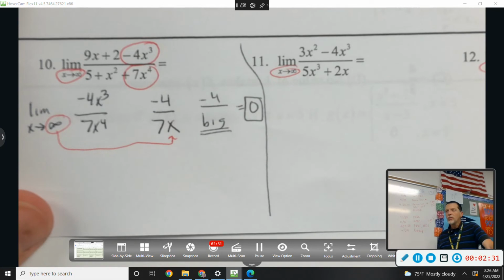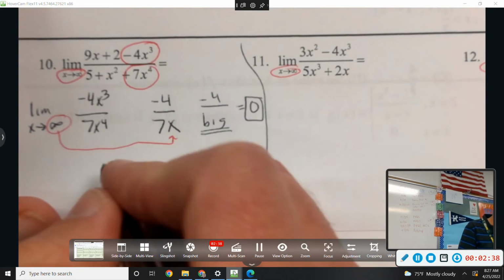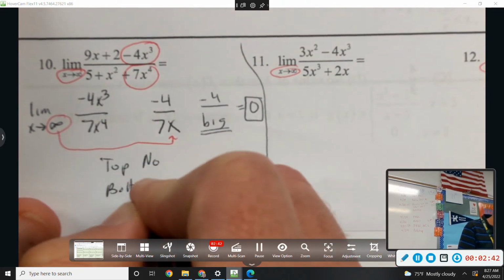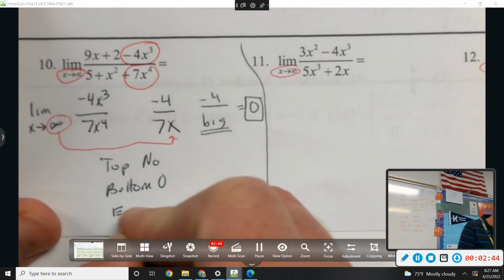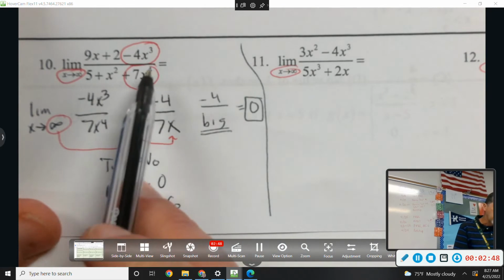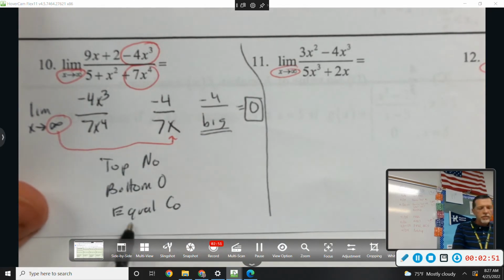Do you remember the shortcut catchphrase? If not, that's fine, because I'd rather you do it this way anyway. Top no, bottom O, equal co. This is like which one's bigger, the top, the bottom, or the equal?